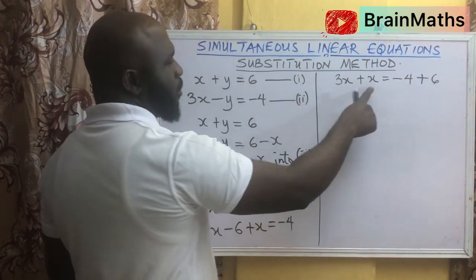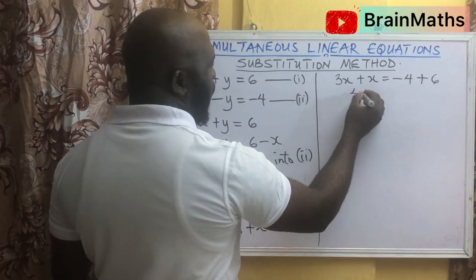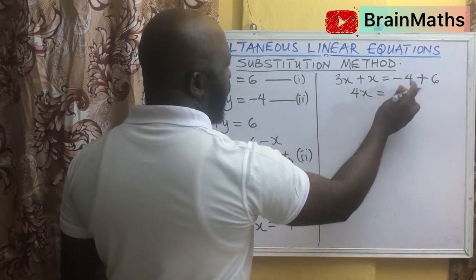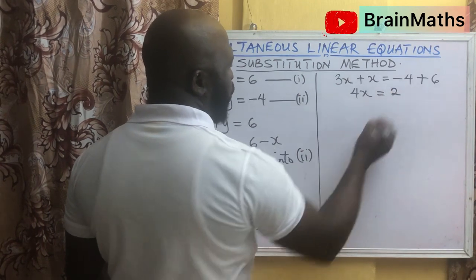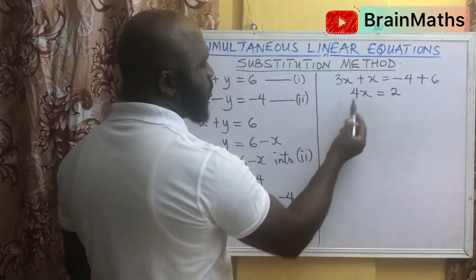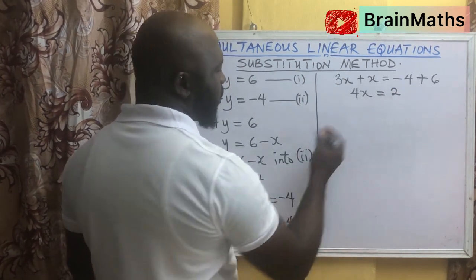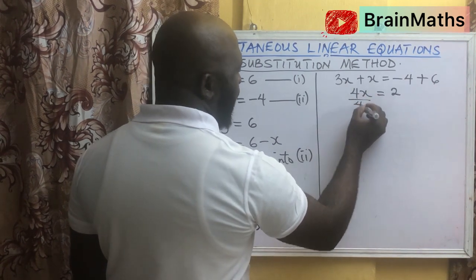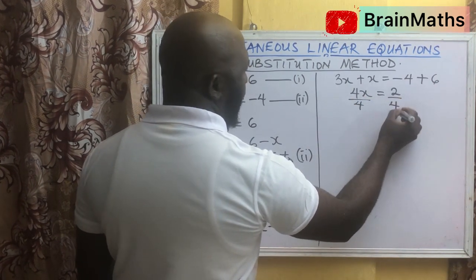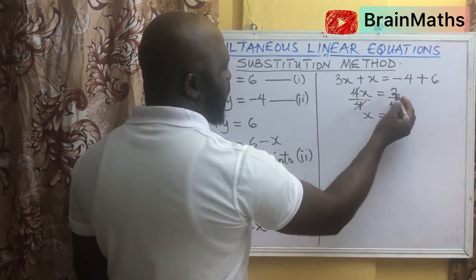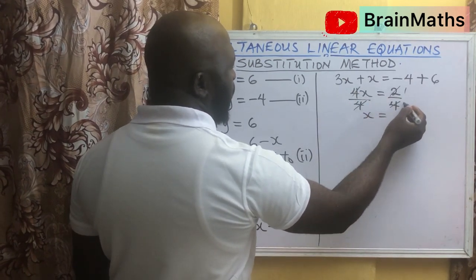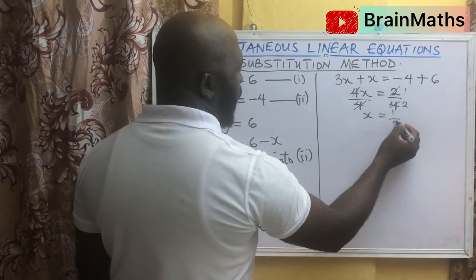So 3x plus x is going to give us 4x, which equals minus 4 plus 6. That is going to give us 2. So we divide both sides by the coefficient of x, which is 4. By the time you cancel out, x is going to give us 1 over 2.